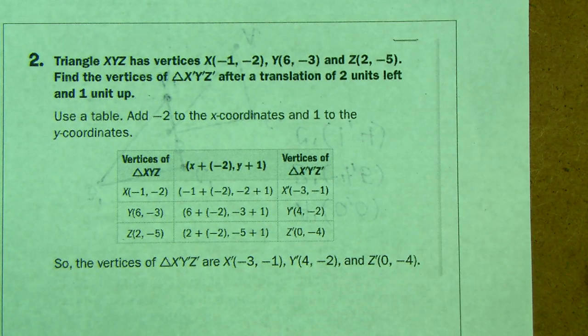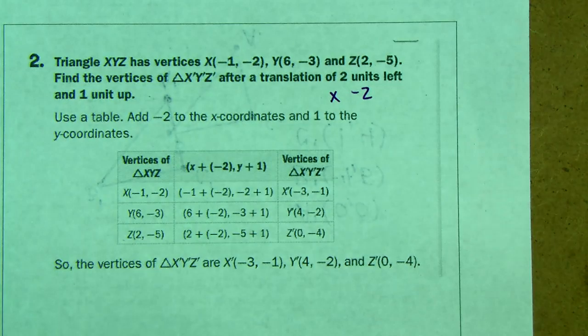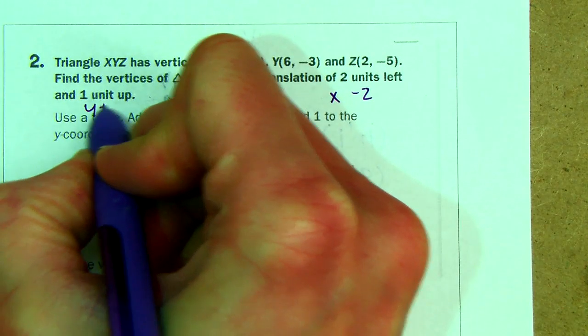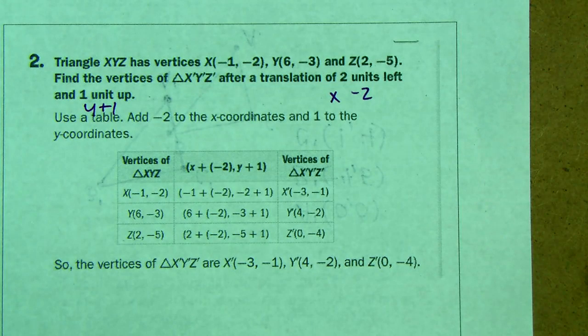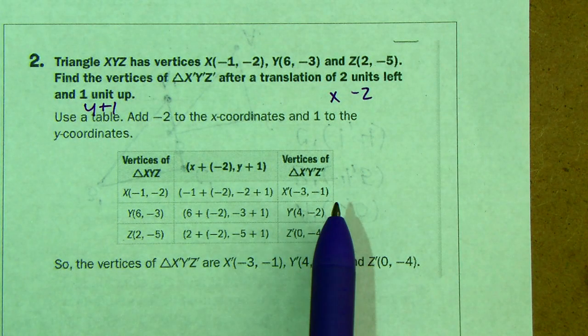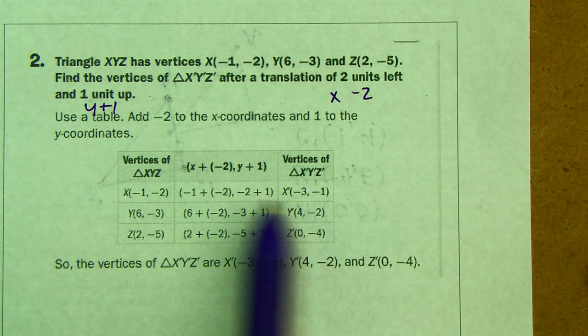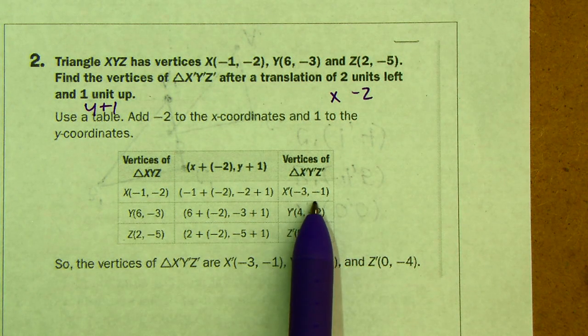You can do that. 2 left would be -2 from the x, and 1 up would be y plus 1. So you can just simply take and subtract 2 from the x's and add 1 to the y, which is how they got there. Subtract 2 is -3, add 1 is -1, and so on and so forth. You can do that.